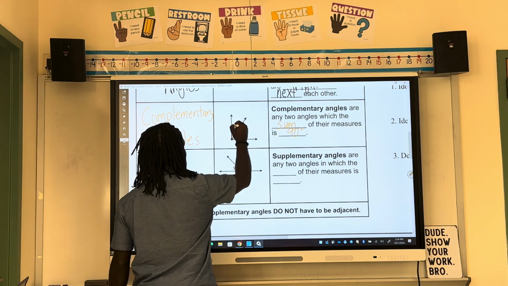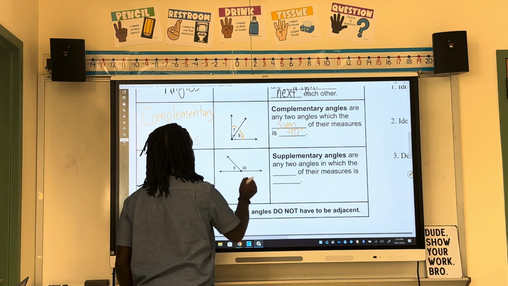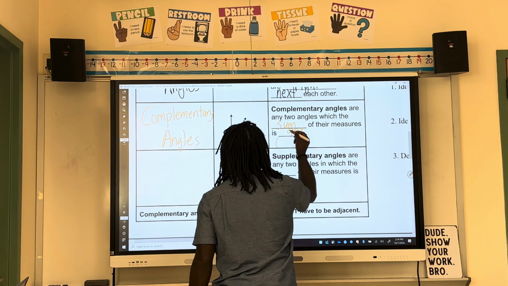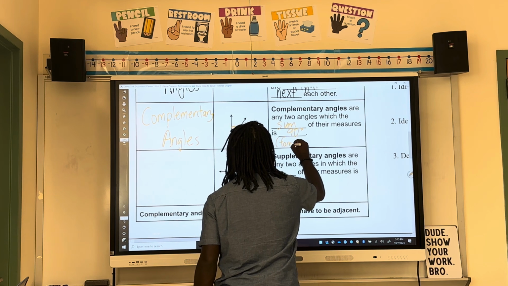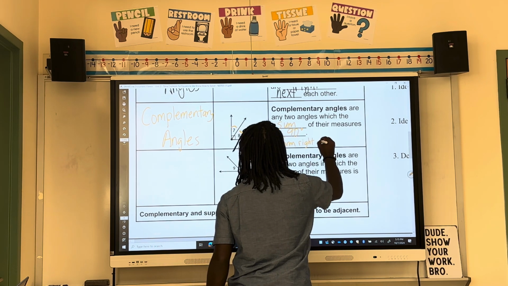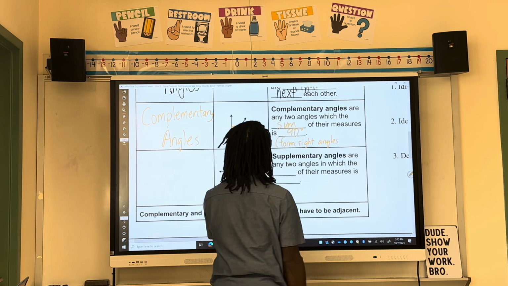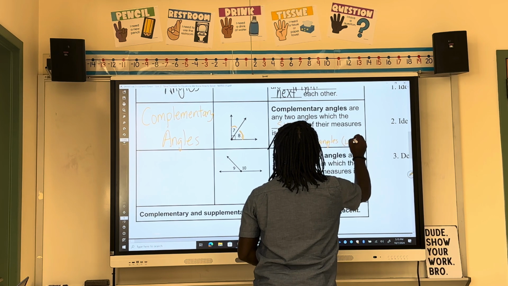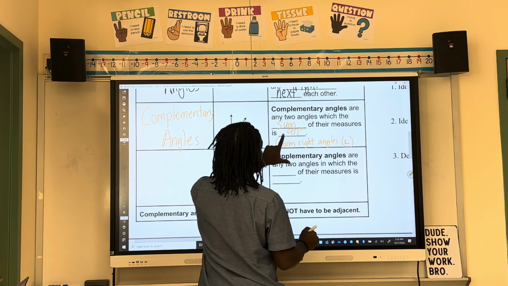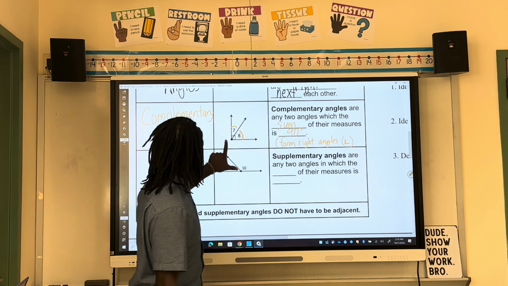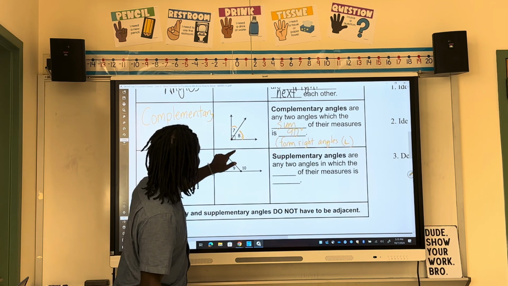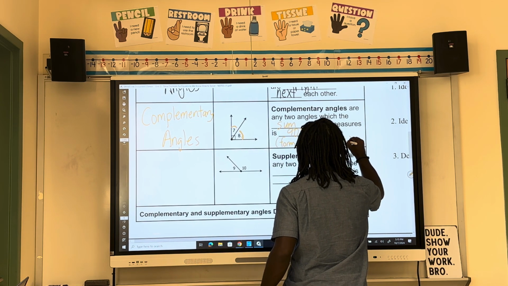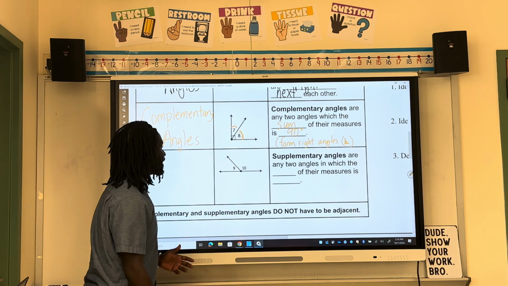So when I look at angle 7 plus angle 8, they form a right angle. And so complementary angles form right angles. And I know it's a right angle when it equals 90 degrees. And I'm looking for, again, that box. The box in the corner of the angle lets me know that it's a right angle.